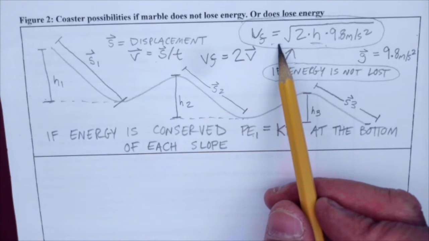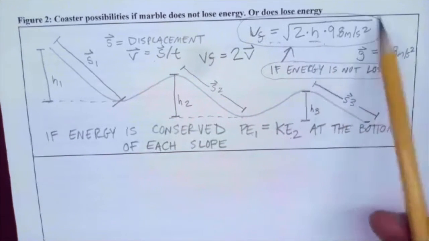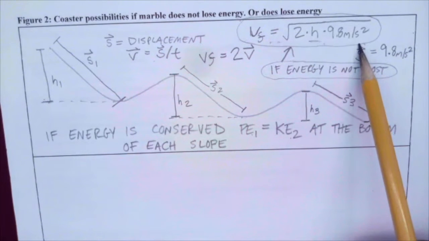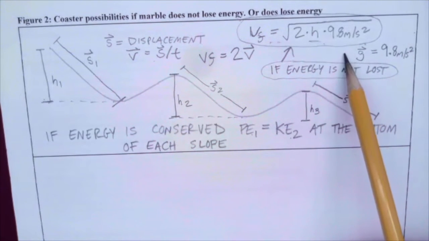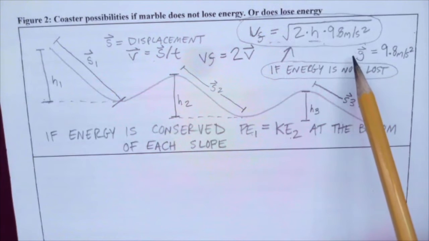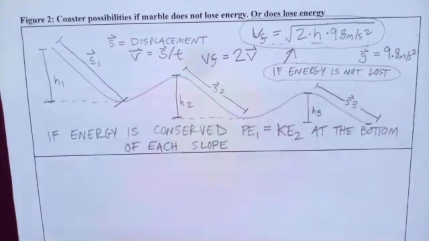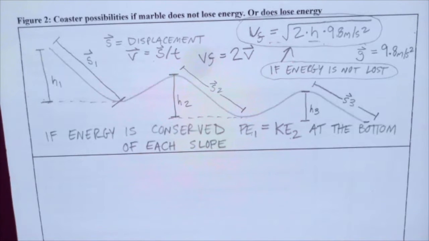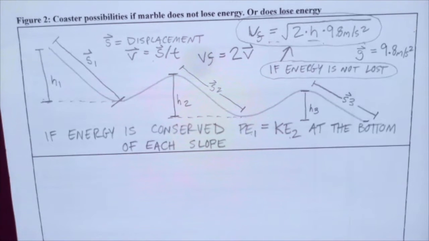If energy is not lost, velocity should be equal to or greater than this number. Equal to, great. Should it ever be greater? No. So if your velocity ends up being greater than this number, you know that your measurements are wrong. If energy is conserved, yeah.